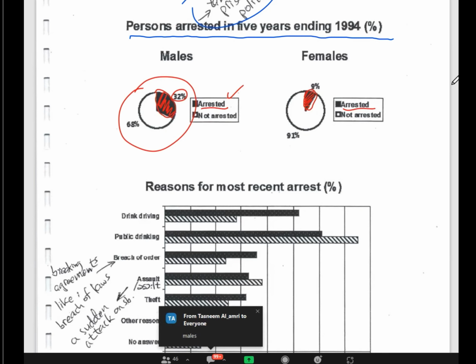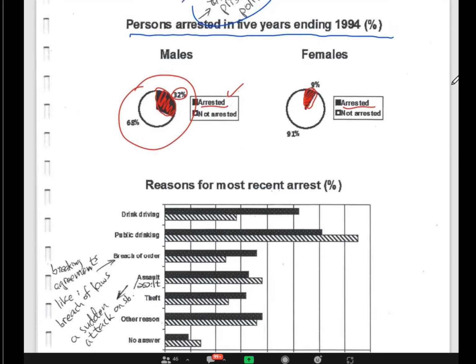So that is the first trend from the first drawing. The first trend that males were arrested more than females. You will look at the bigger part, see? The bigger part. You will notice that the males part or proportion was more here.